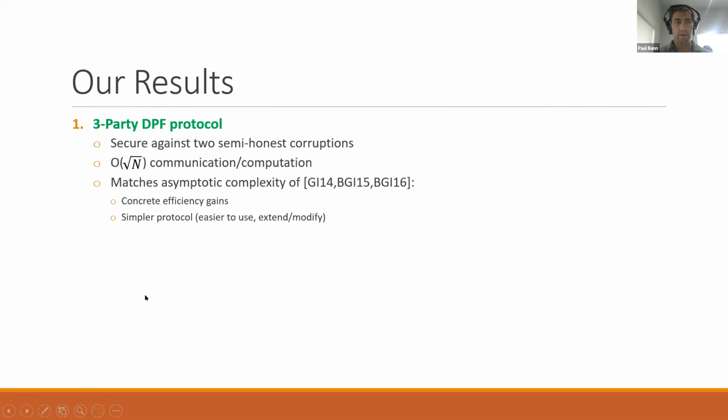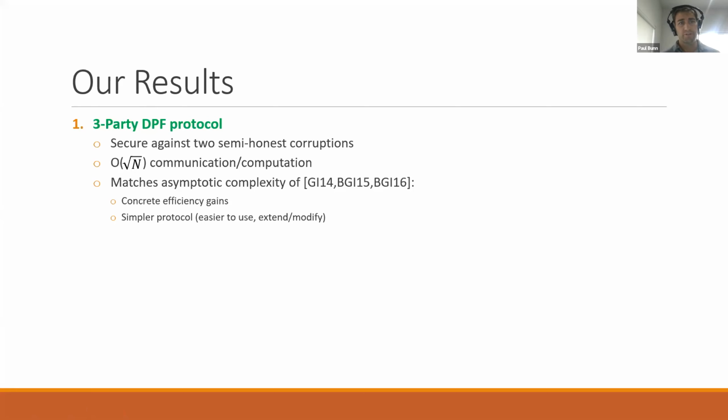So we create a 3-party distributed point function protocol. It's secure against 2 semi-honest corruptions, and it just uses a PRG as a cryptographic assumption. One of the main points people try to optimize in FSS in general, and certainly in DPF, is how expensive the Gen protocol is in terms of dealing keys to the different parties.